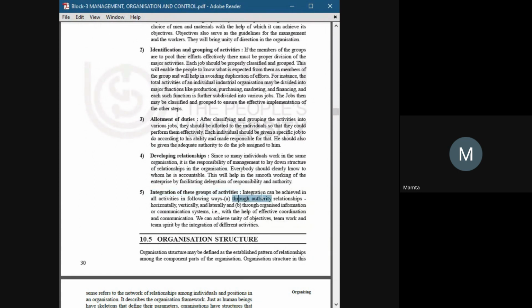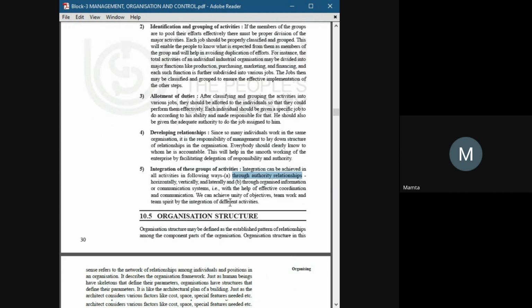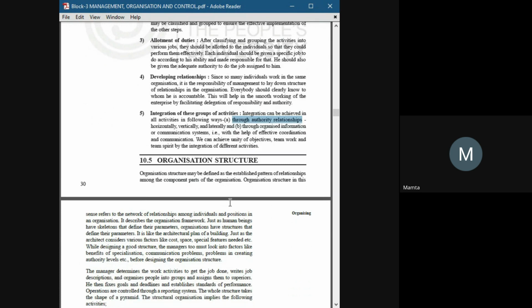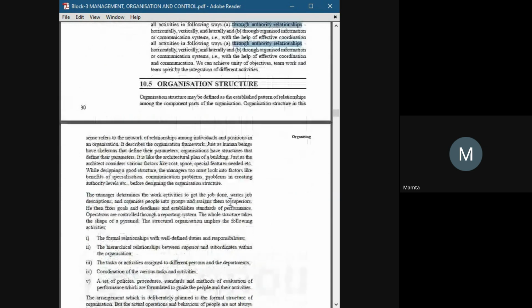Integration can be achieved in the following ways: through authority relationship horizontally, vertically, or laterally, through an organized information or communication system, with the help of effective coordination and communication, because all the departments need to communicate and integrate with each other. Like the production department needs to integrate with the marketing department or the packaging department, so they need to coordinate. That's how we do integration of these groups of activities. I assume it is clear.